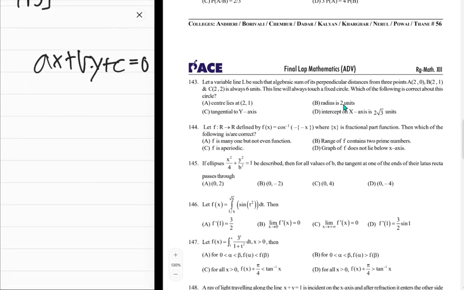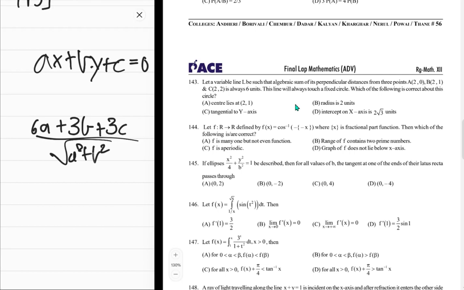Then the points will be 2, 0, whatever. So a times 2 plus 2 plus 2, that's 6a, plus for b it will be 0, 1, 2, which is just 3b, and then plus 3 times c, of course, upon square root of a square plus b square.